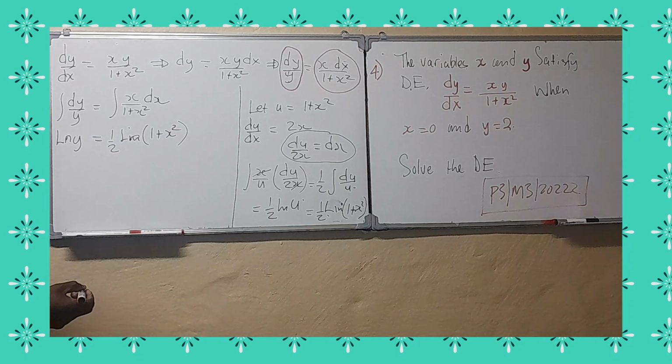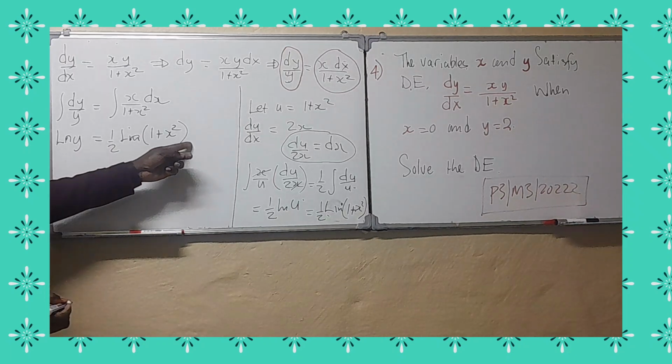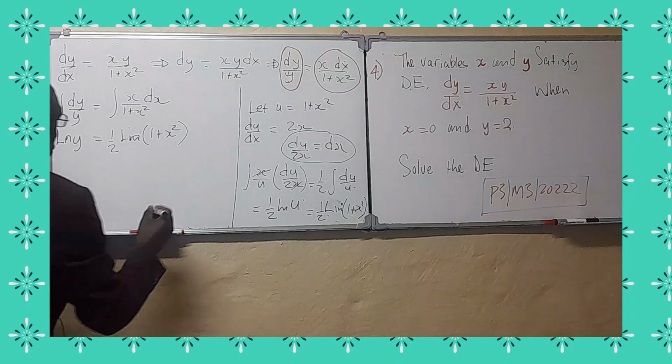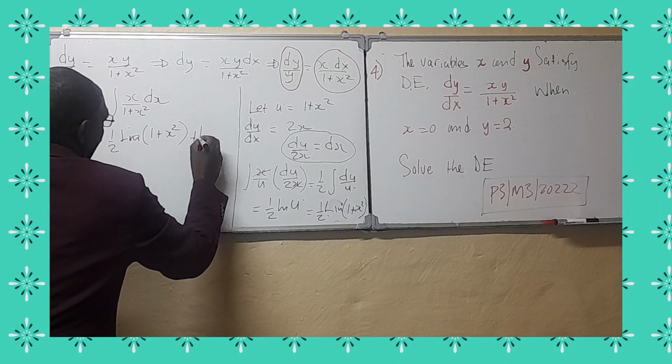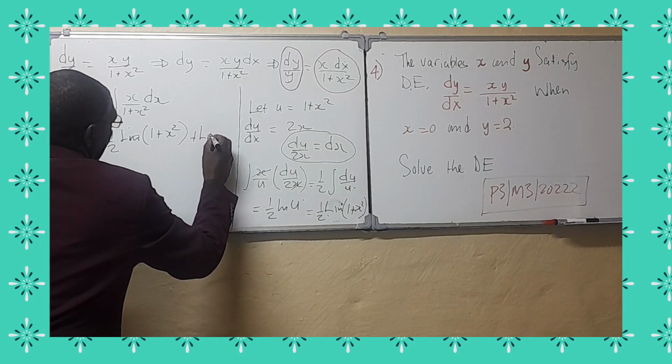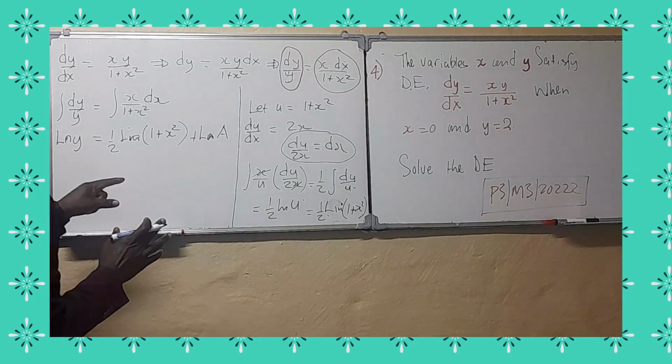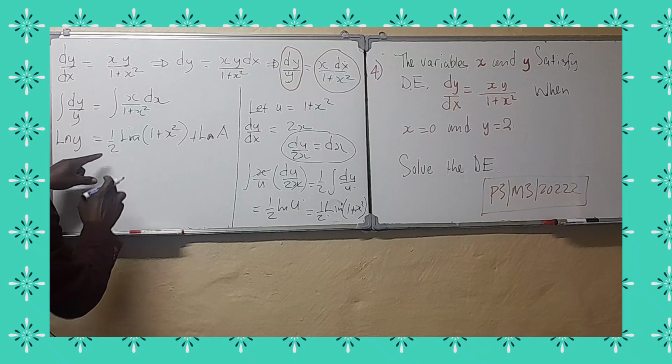We need a constant of integration, of course. We don't have to put a constant here and another constant here, because a constant plus a constant is a constant, multiplied by a constant is just a constant. So we can do with one constant. Let's call that constant ln a. Now, let's use the laws of logarithms here.